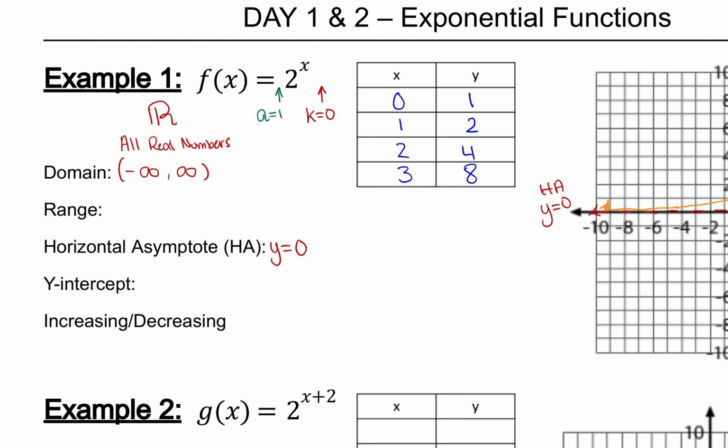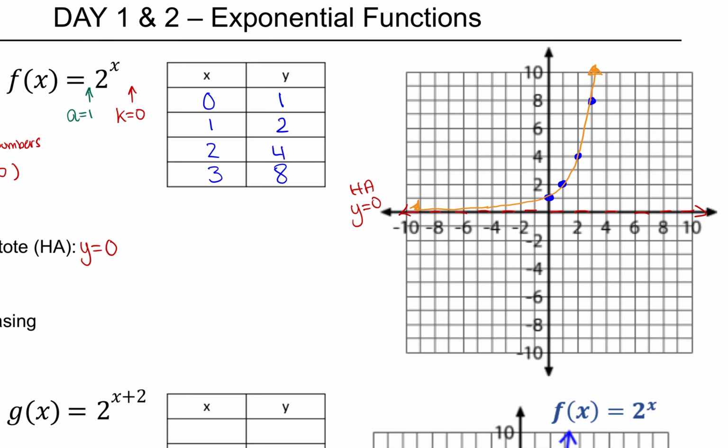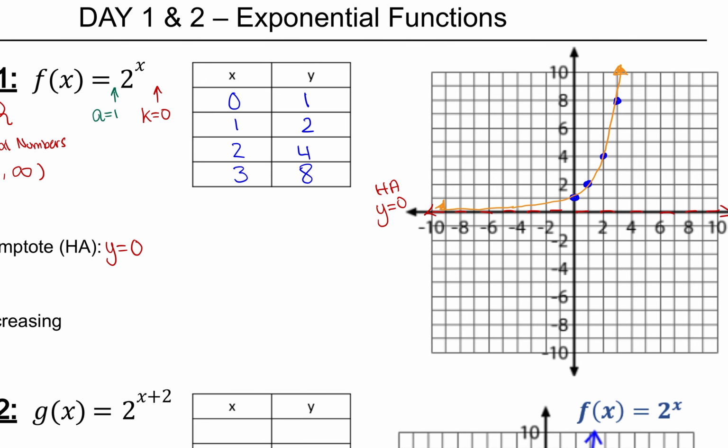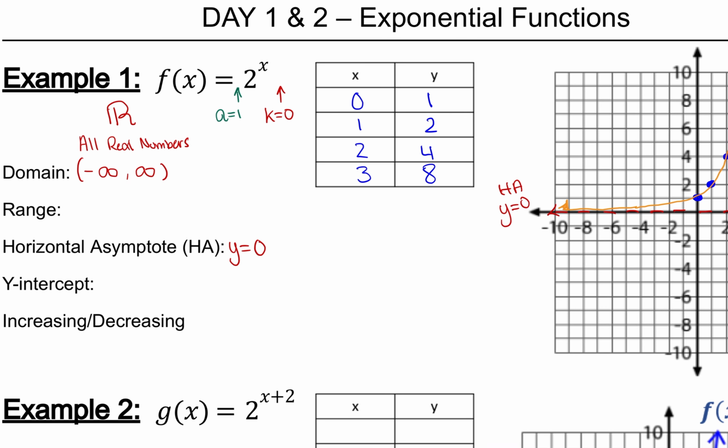Now, for the range, keep in mind that range is read from bottom to top. So looking at the coordinate grid on the right-hand side, do I have a graph in the bottom? No, I do not, but I do have a starting point at y equals 0. So I will write down that my range begins at 0, but I do not include it, so I have a parenthesis.